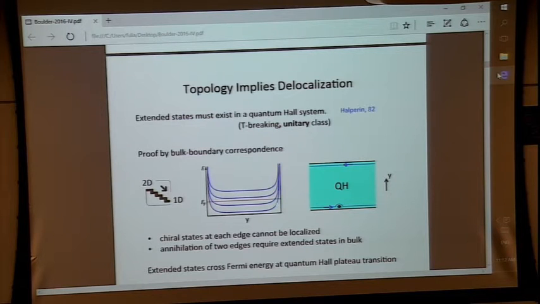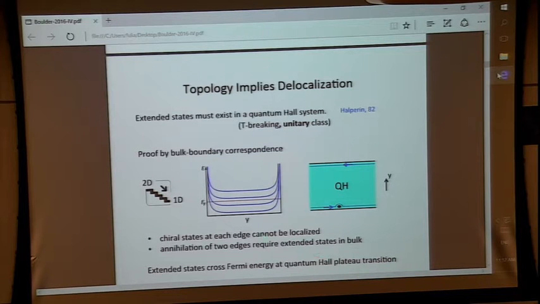Because we know that in the trivial phase there are no conducting chiral edge states, and in the quantum Hall states there are these conducting edge states, and these chiral edge states cannot be localized within each edge. So the only way for the edge states to change from being present to being absent is to annihilate each other across the entire bulk.